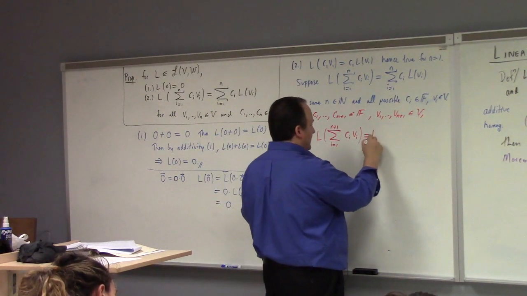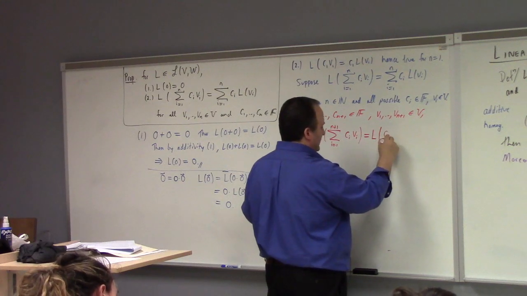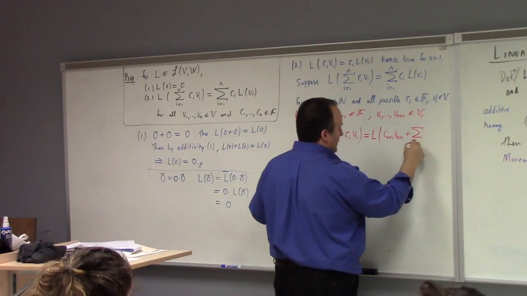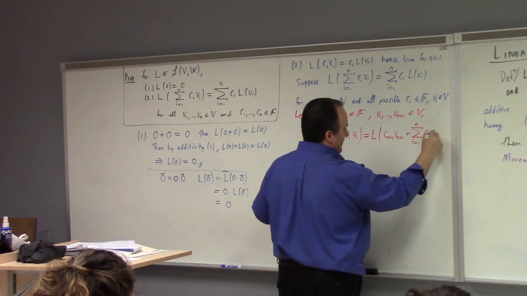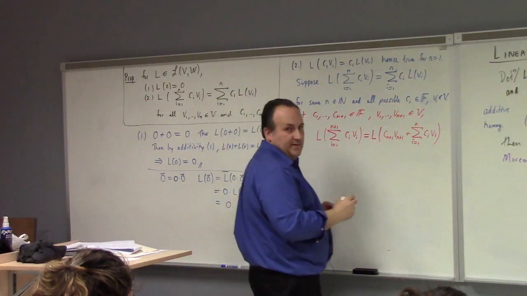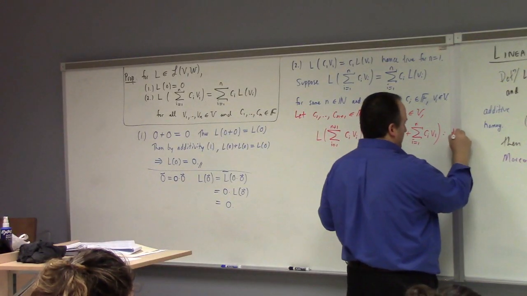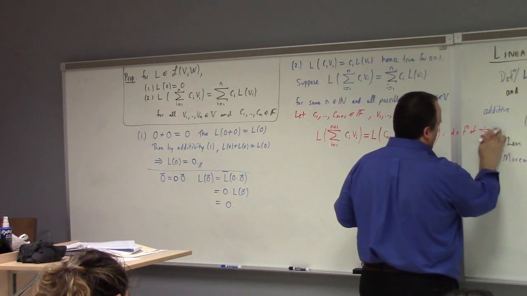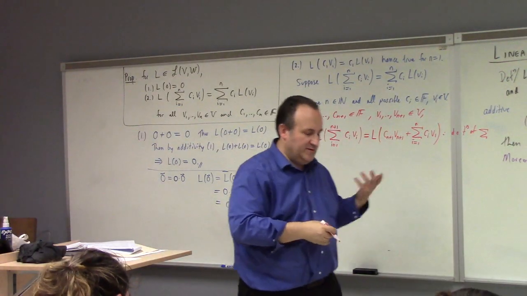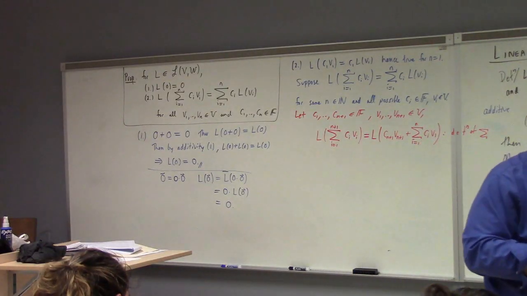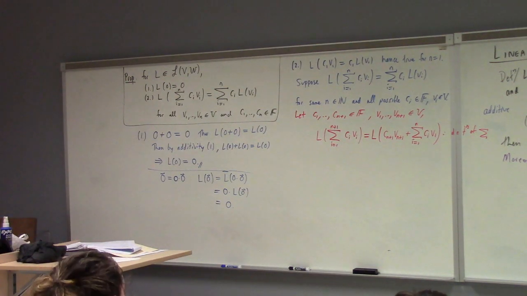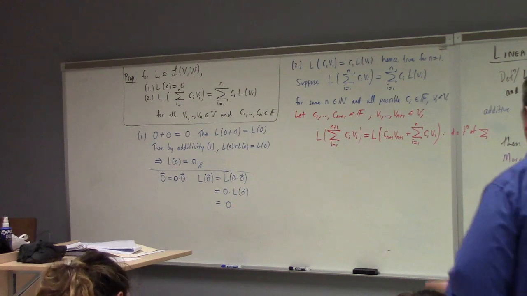Now by definition of finite sum, this is the sum of Cn plus 1 Vn plus 1, plus the sum i equals 1 to n of Ci Vi. All right, that right there is the definition of summation. Remember, the definition of the finite sum is made recursively in this way. That's how we actually define finite sum.